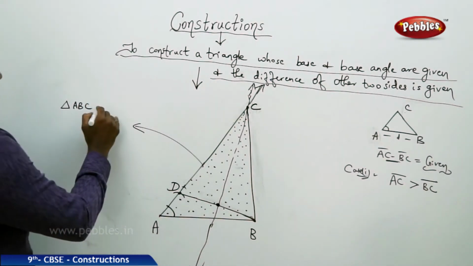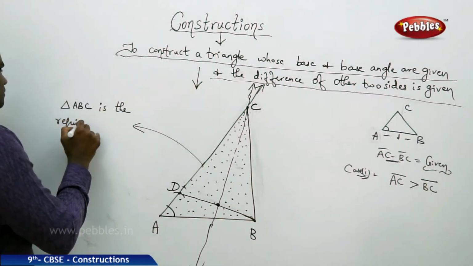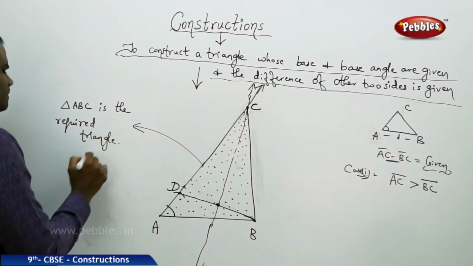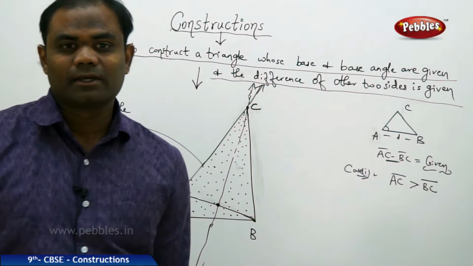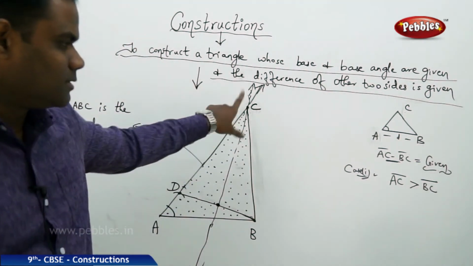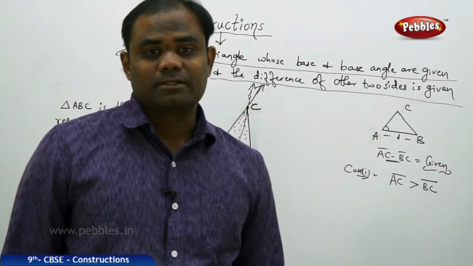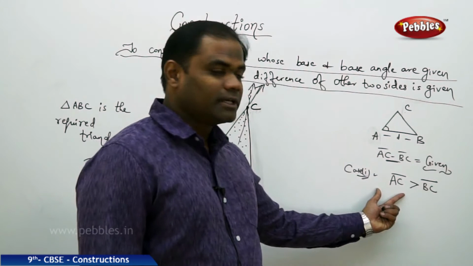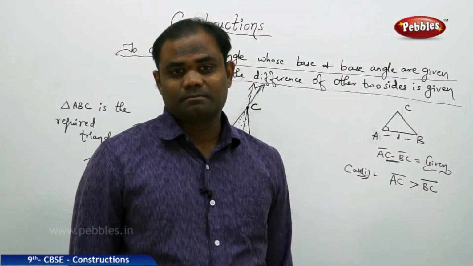This is the required triangle, as we identify the triangle ABC with the base angle and the difference of two sides as given, with case 1, AC assumed to be greater than BC.